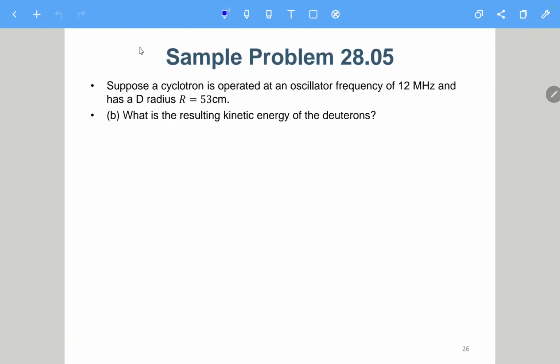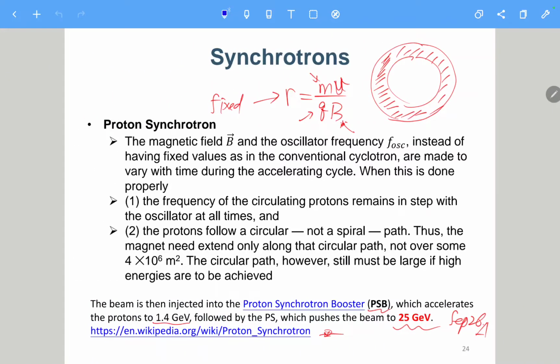Now for part B, what is the resulting kinetic energy of the deuterons? To know the kinetic energy, of course we know the mass, so we would also like to know the velocity. We have another equation here: R equals mv over qB.